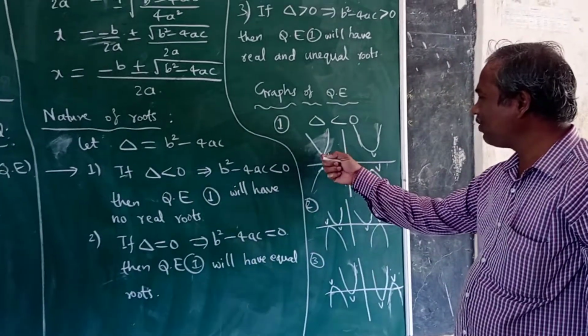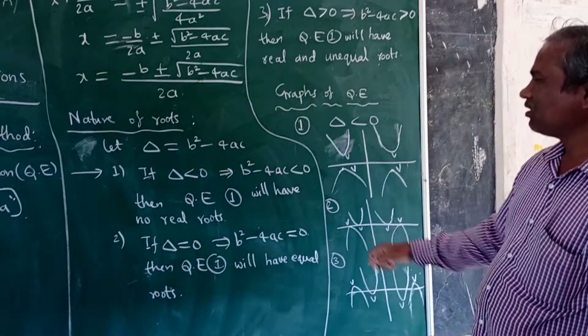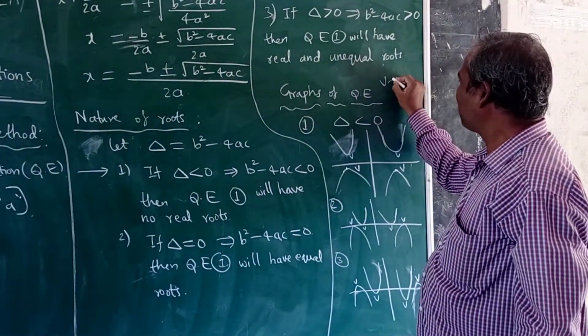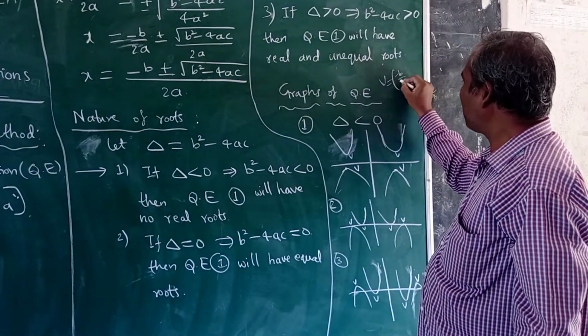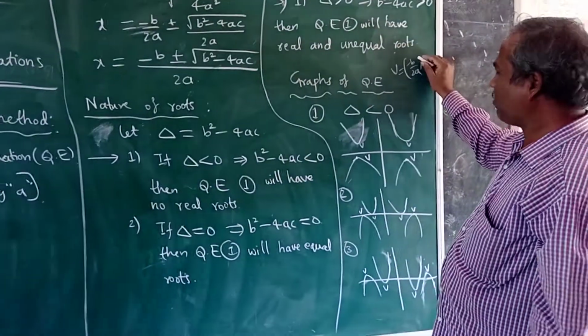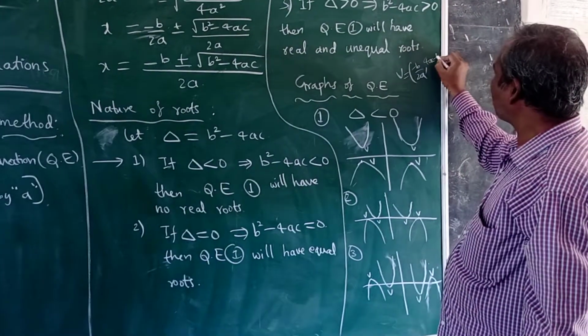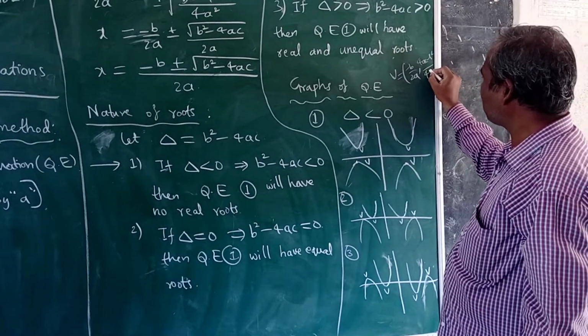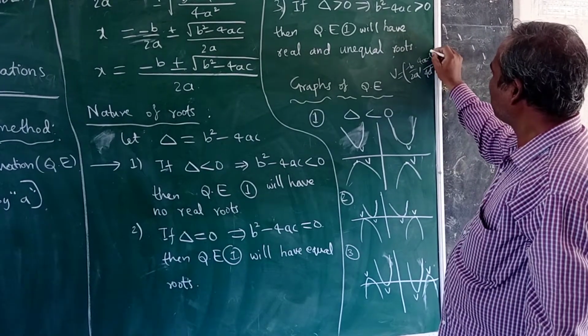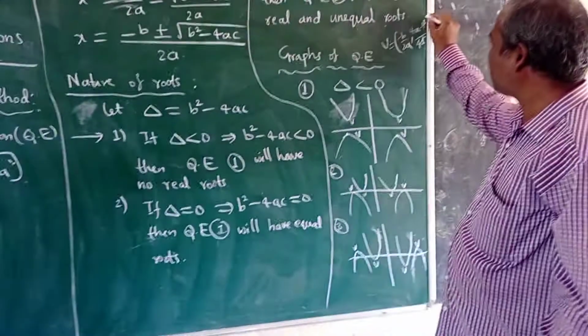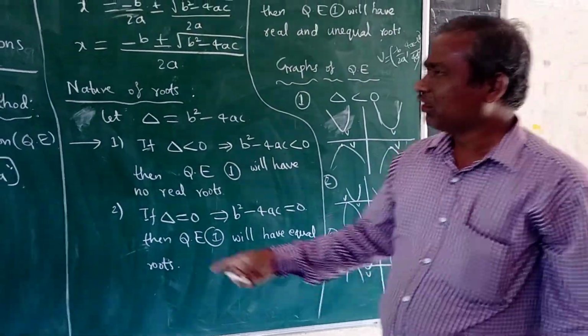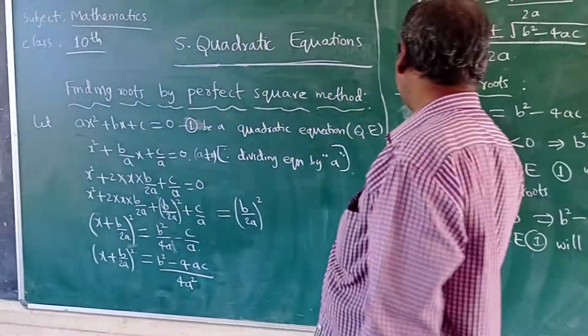I am marking B, which is the vertex. The vertex is given by minus b by 2a, comma 4ac minus b square by 4a. So this is the method and the nature of the roots.